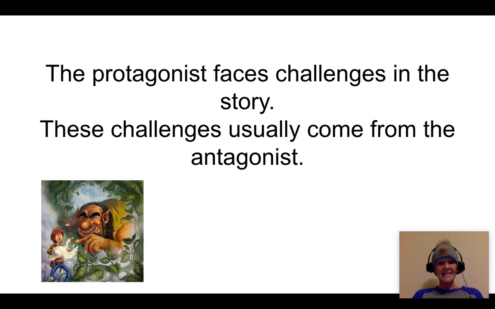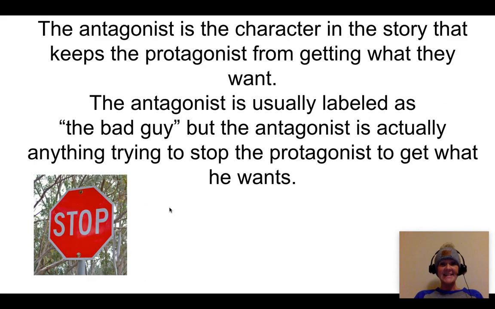And so Jack started taking those things, and the giant got upset and started to come after Jack. So one of the challenges in the story, Jack and the Beanstalk, would be the giant himself. So the giant is actually the antagonist as well.